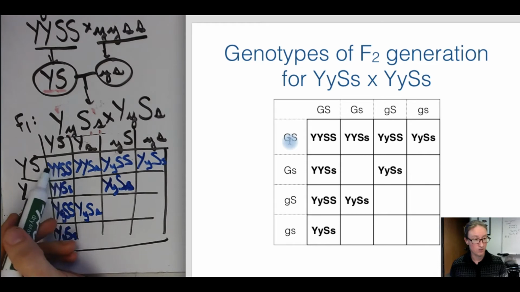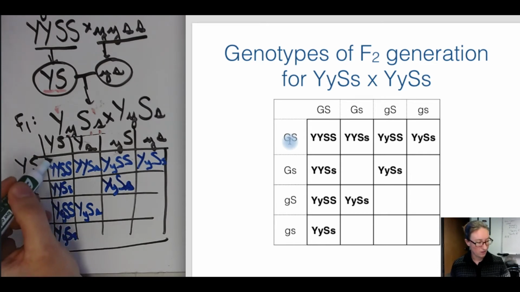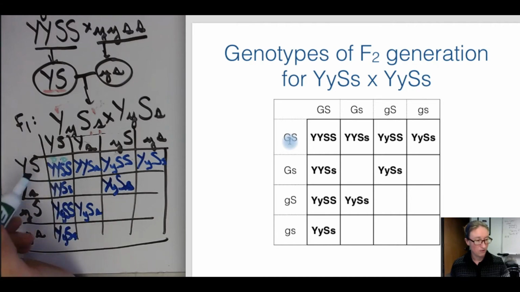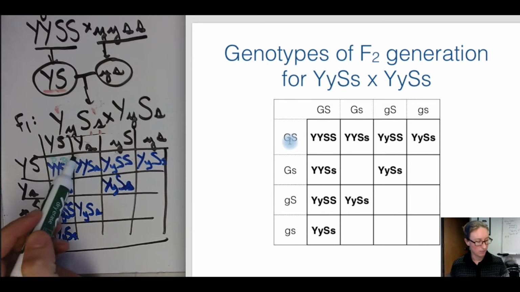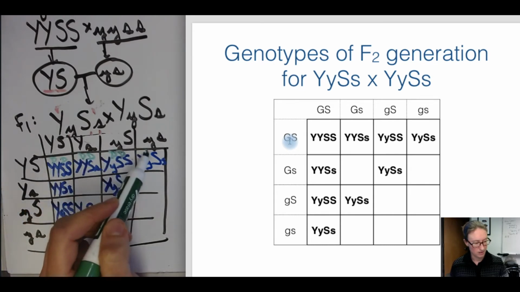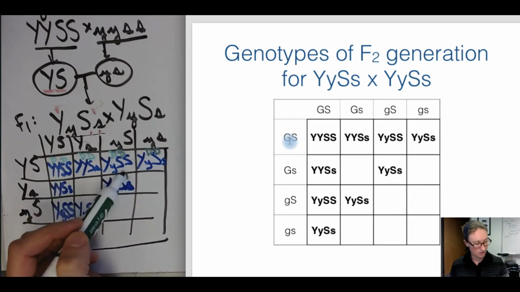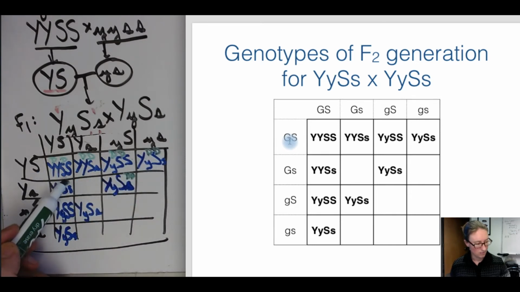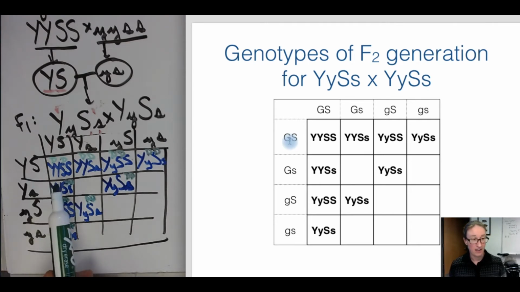This individual has two dominant alleles, so it's going to have the dominant phenotype for both seed color and seed shape. This one's also dominant, dominant. There's a trend. And if I add these up, well, we'll get to that in a minute.